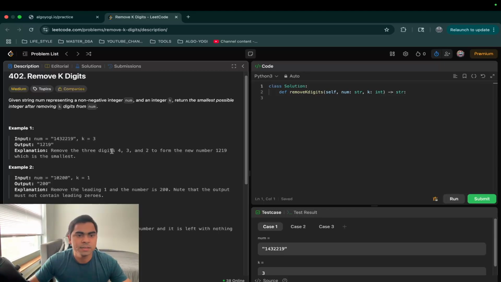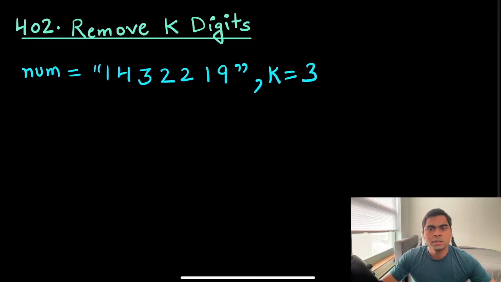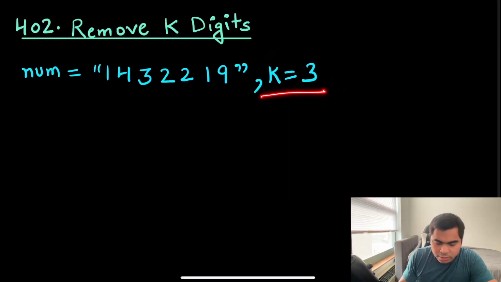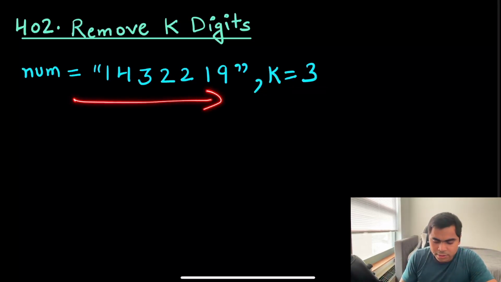It has to be wise choices that we make so that the number turns out to be the smallest. Since our target is to make our num the smallest possible value after removing k digits, we need to be removing these, in this case 3 digits, from the most significant digit towards the least significant digit.